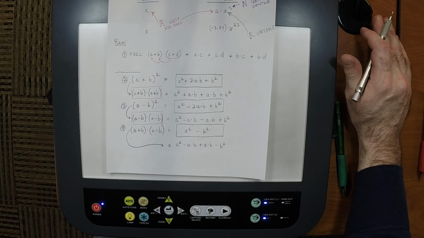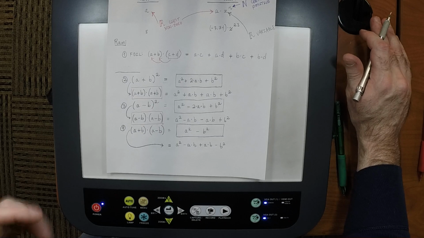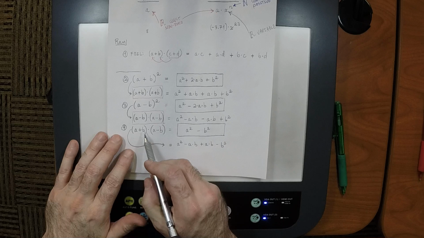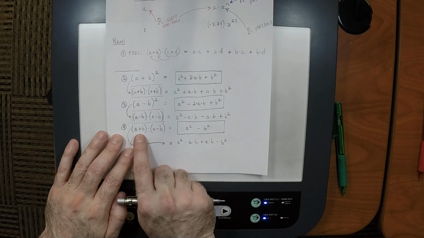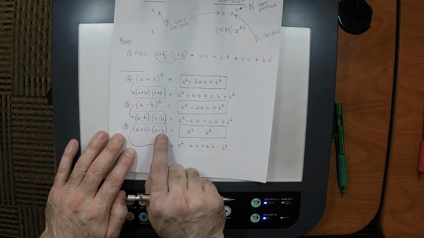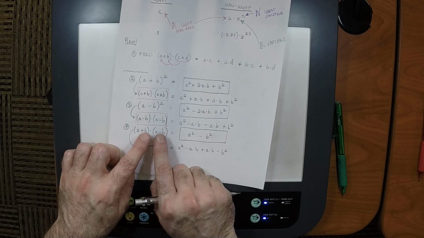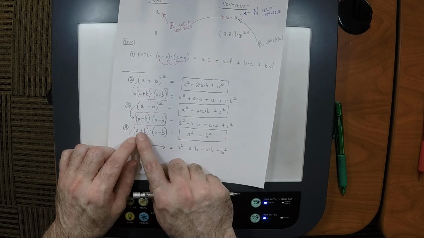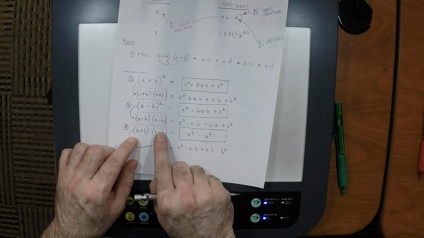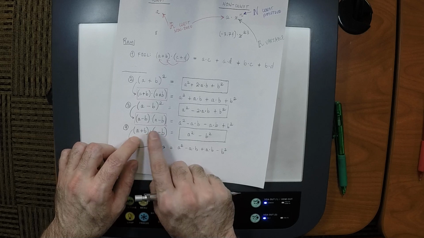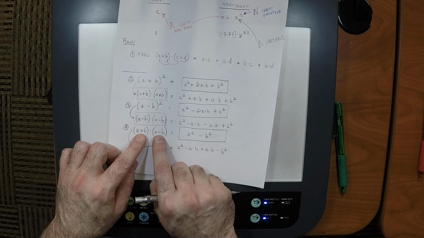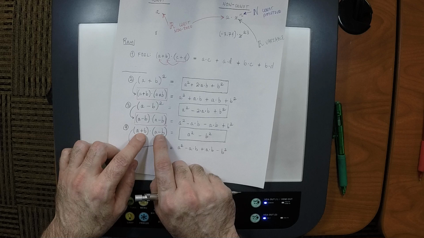Then we tried a different one. It was a little more challenging, and the thing that you might first attempt doesn't work. We needed one more idea that had to do with these. So these two expressions, A plus B and A minus B, where we take that plus and make it a minus, or that minus and make it a plus, are notable enough that we say they are conjugate to each other.